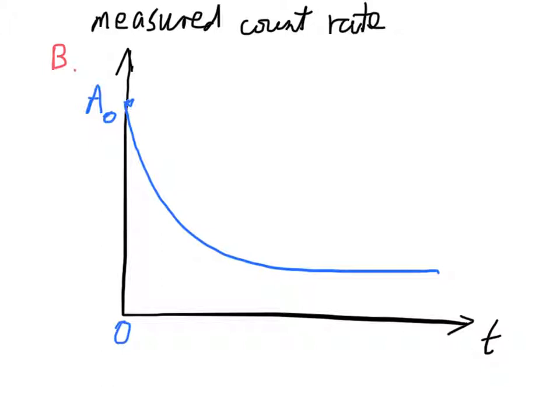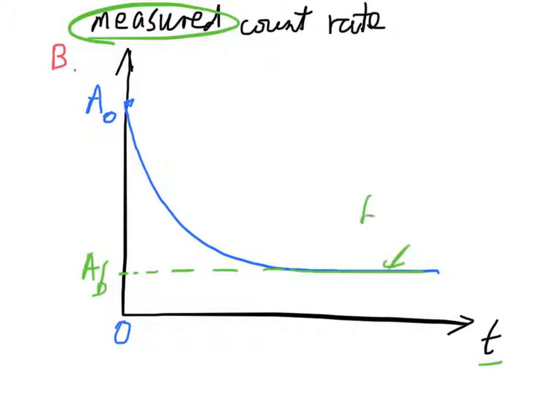If we plot a graph of measured count rate against time t, then the graph will be different from that before. The flattening part means that the activity is due to background radiation, or background count rate.